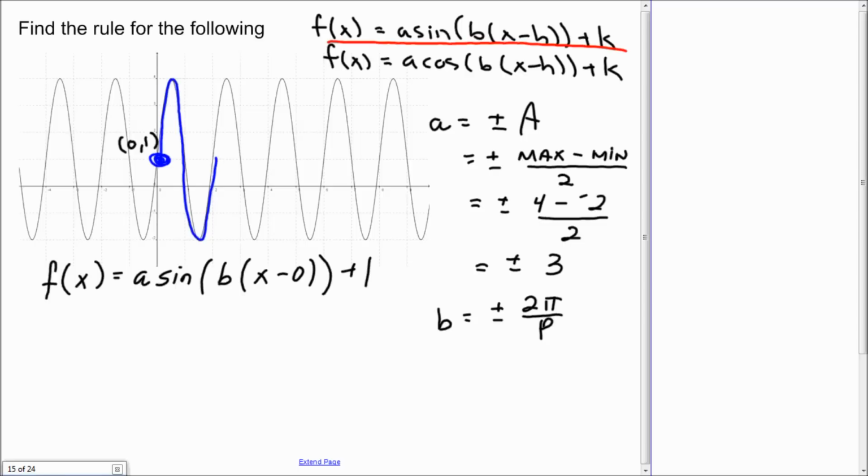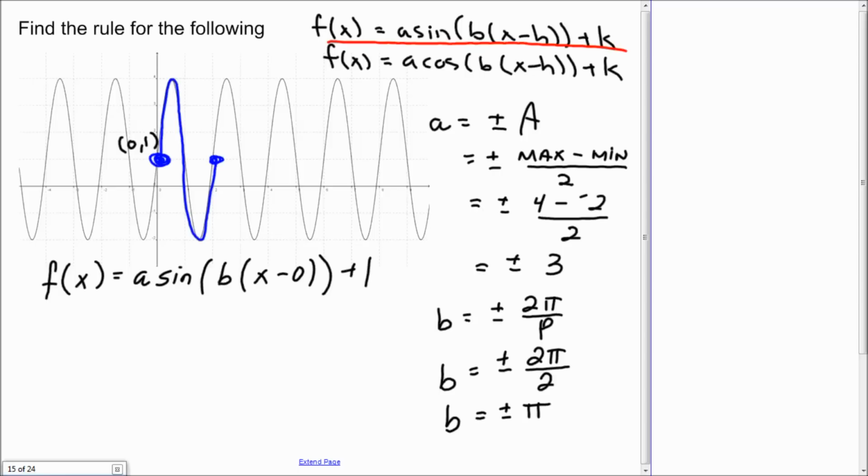In this particular case, our cycle starts at 0 and ends at a value of 2. So our period is 2. So here for our b value, we have b is equal to plus or minus 2 pi over 2. And 2 pi over 2 is just pi. So we have that b is equal to plus or minus pi.